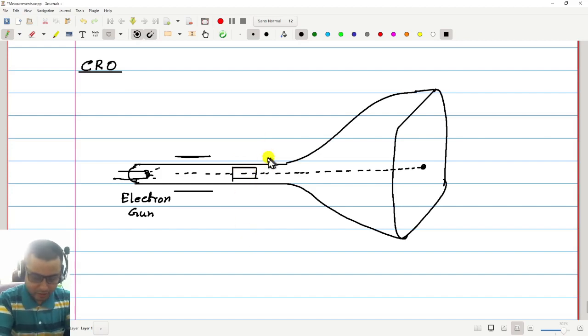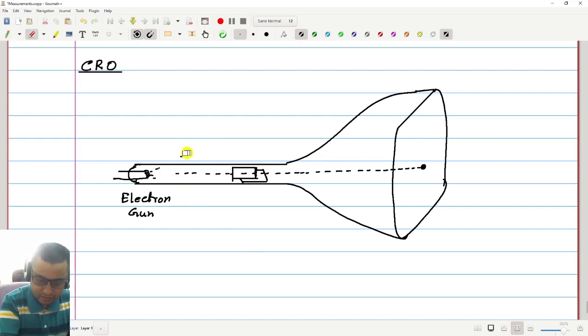Actually, everything is inside, and between these electrodes you can apply some voltage.